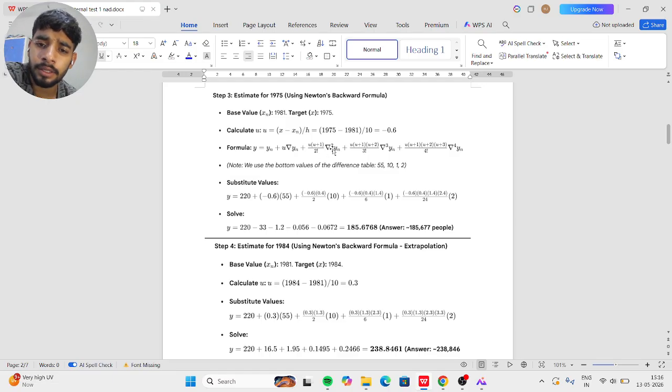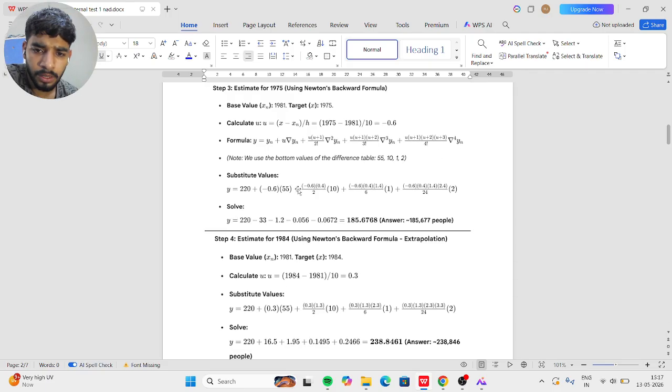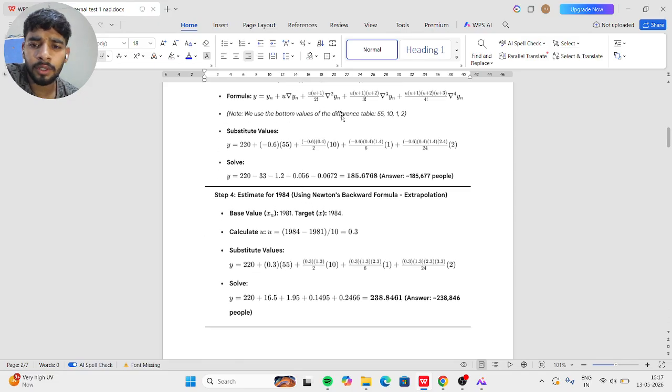Then u into u plus 1 into u plus 2 divided by factorial 3 into the third backward difference, and similarly for the fourth term u into u plus 1 into u plus 2 into u plus 3 divided by factorial 4, and then the fourth order backward difference. Here we use the bottom values of the table as the backward differences.